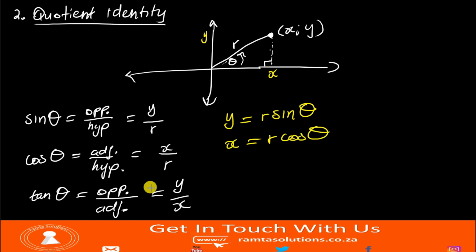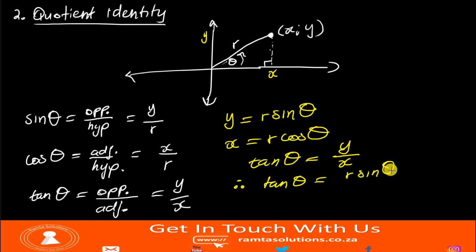So we said tan theta is equal to y over x. We can therefore say tan theta is equal to r sine theta over r cos theta.